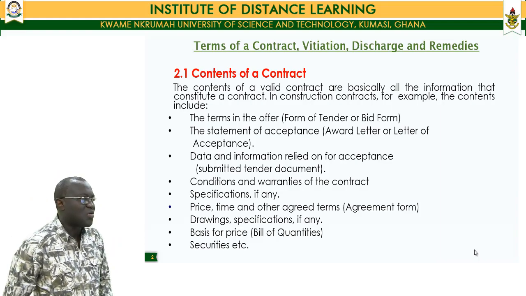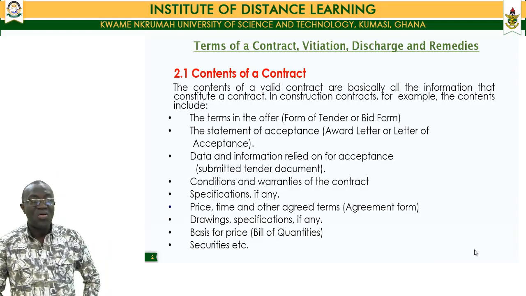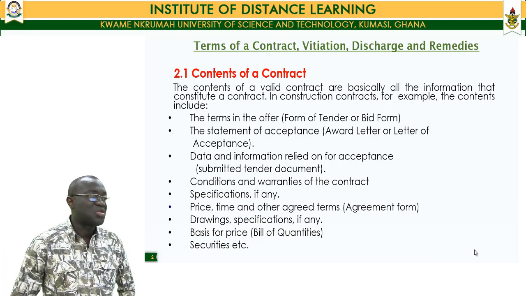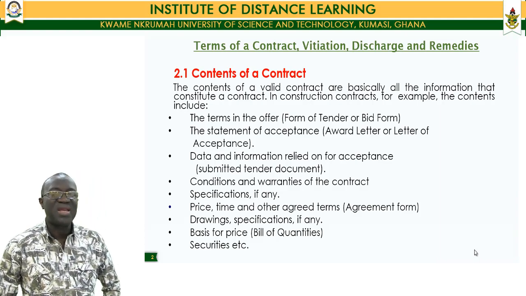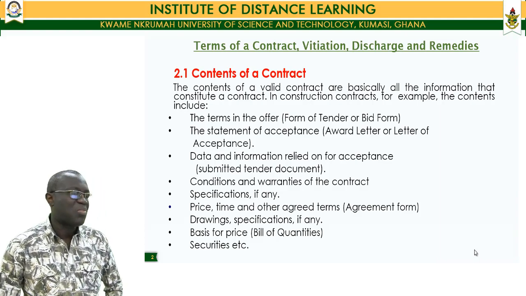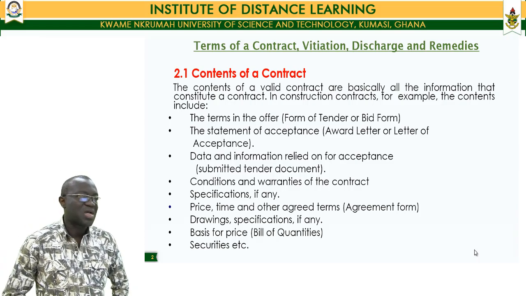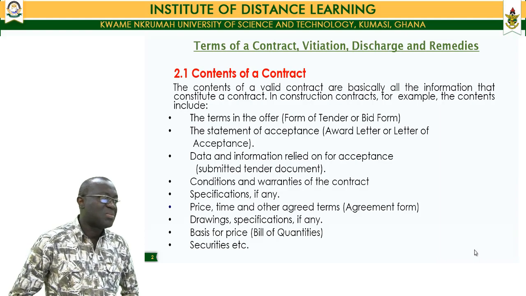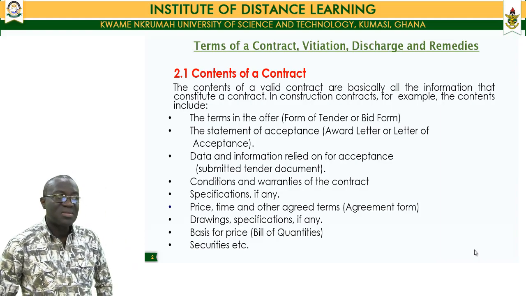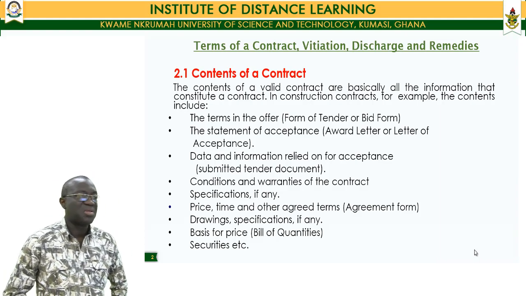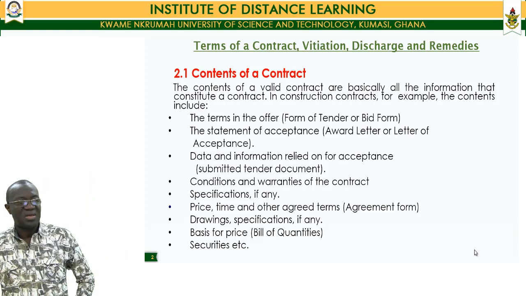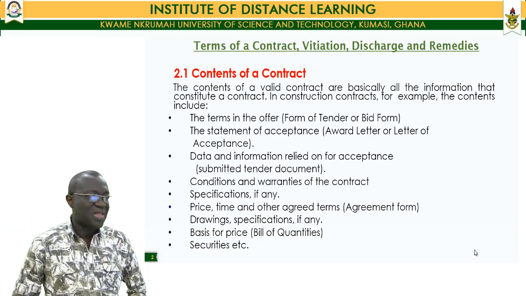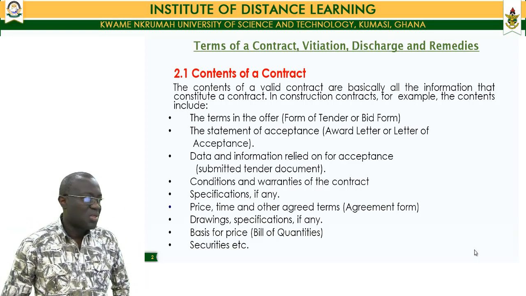The contents of a valid contract are basically all the information that constitutes a contract, depending on the nature and type of contract. In construction contracts, for example, the contents may include the terms in the offer, from maybe the requirement to be a form of tender or a bid form.